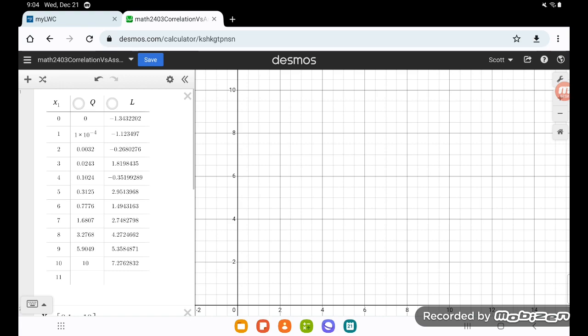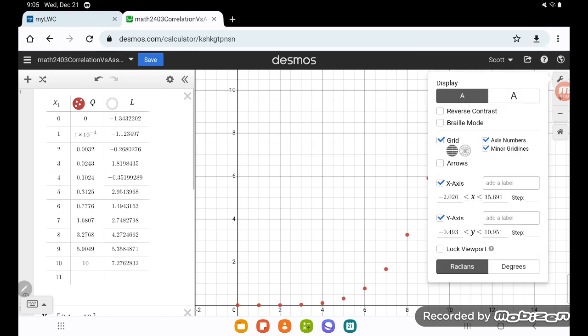One I called q, and the reason I call it q is that when you first plot the data, you might think, oh, maybe it's a quadratic relationship. It's not. It's a higher degree than that. And then L tends to look like a linear relationship. Okay, so there are our data.